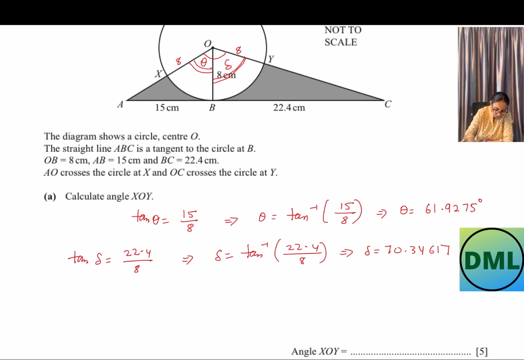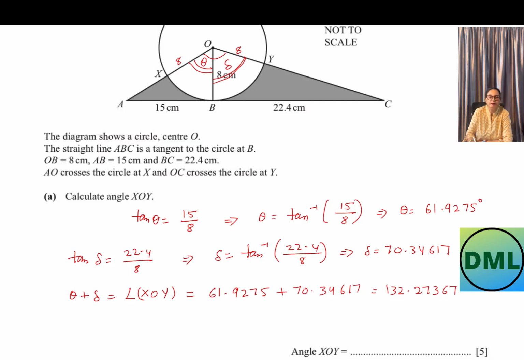Let's add both of them here. Theta plus gamma, which is going to give you the angle XOY, will be equal to 61.9275 plus 70.34617. If you add them together, your answer will be equal to 132.27367.